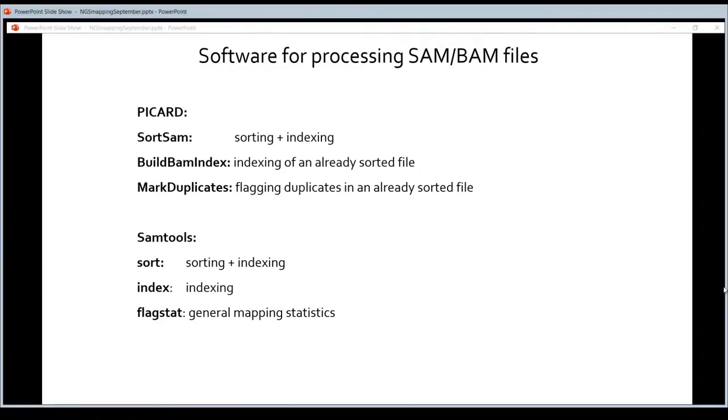How to make a distinction between technical duplicates and biological duplicates? Well, you can't. In some cases you can, but it's not possible to make a distinction between duplicates that arise from PCR amplification and real biological duplicates.